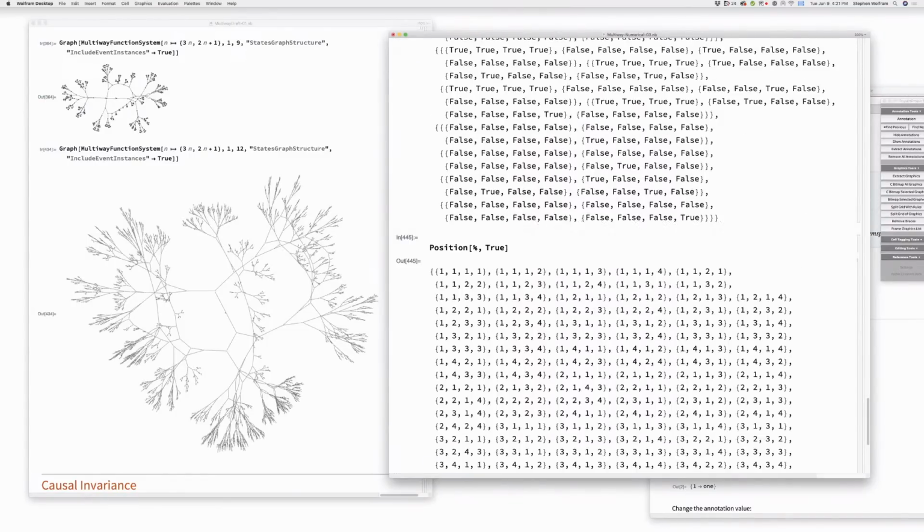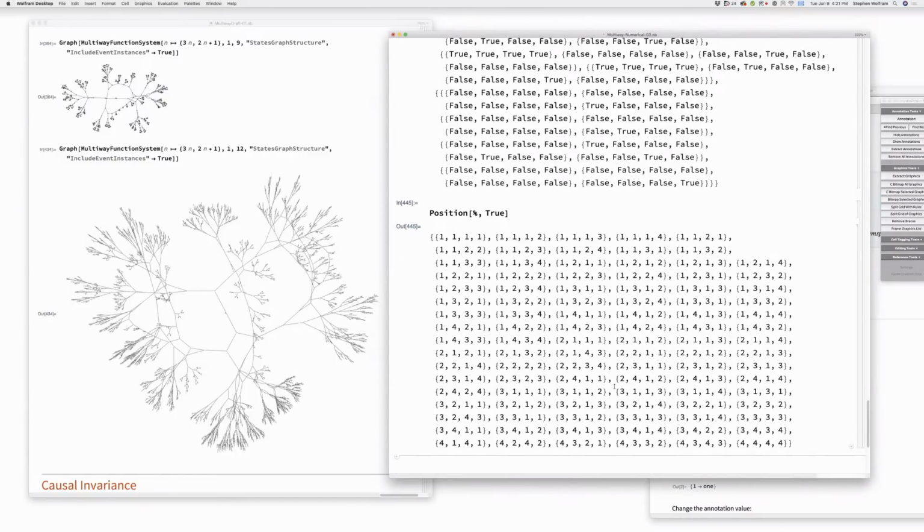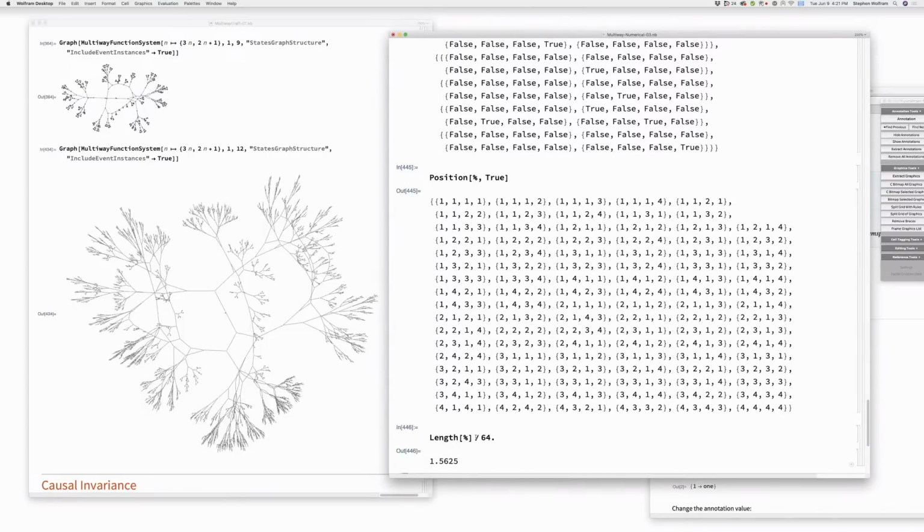Oh wow, that's funky. So this is the claim for the set of ABCD things which are causal invariant. So this gives us a density. So if we say length of this divided by 256, silly me, 64 rather, 256.